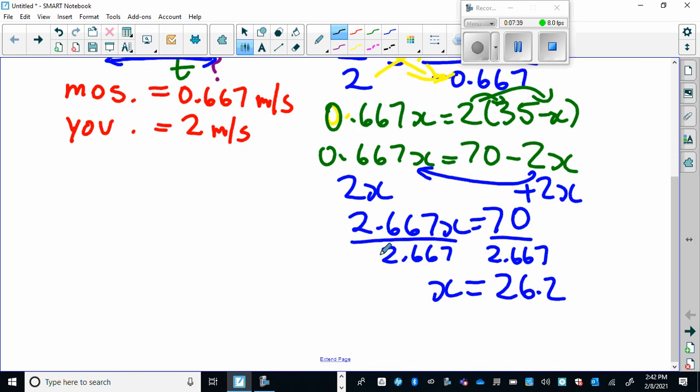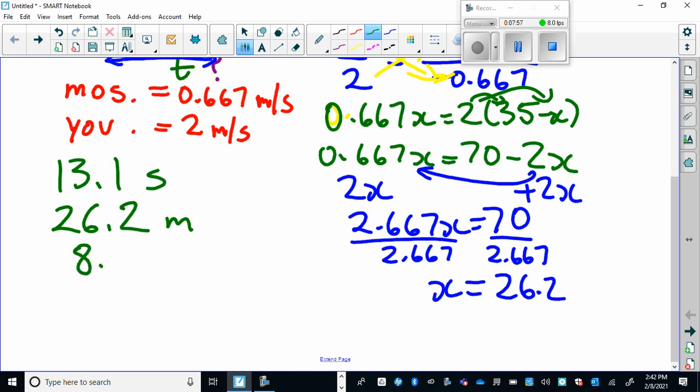So when will you meet? You will meet in 13.1 rather, sorry, 13.1 seconds, and your displacement will be 26.2 meters, and the mosquito's will be 8.8 meters.